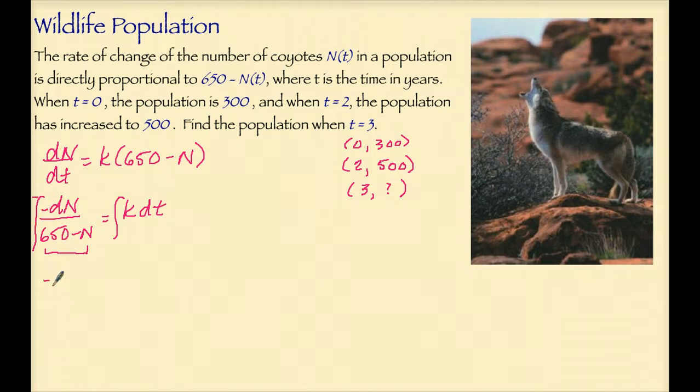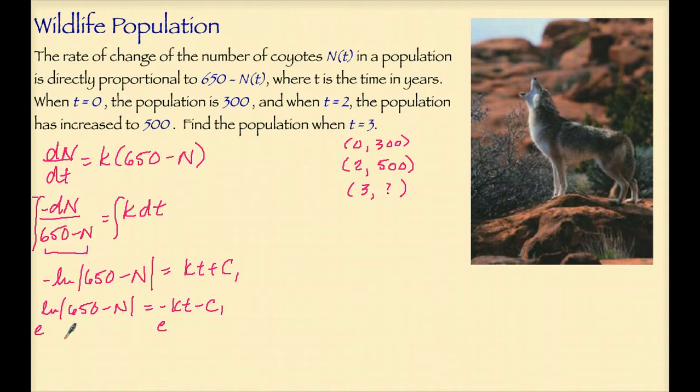This becomes negative natural log of 650 minus n is equal to kt plus c sub 1. Let's divide both sides by that negative. Natural log of 650 minus n is equal to negative kt minus c sub 1, and now exponentiate both sides of the equation.